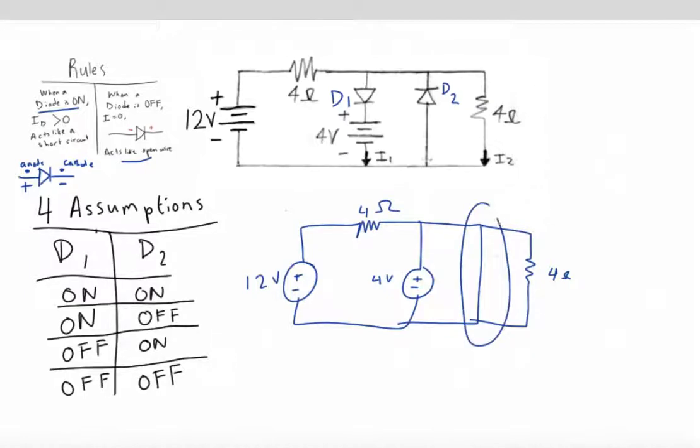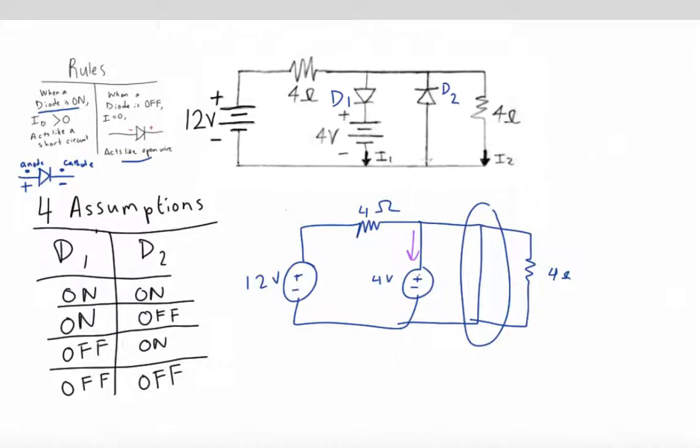Let's take a look at this case. Here we have a short circuit, a wire, and this wire is in parallel with this side and this side. By the definition of a short circuit, the current will flow through it instead of through this branch and this branch. Because of that, the current flowing through where the first diode was is zero.